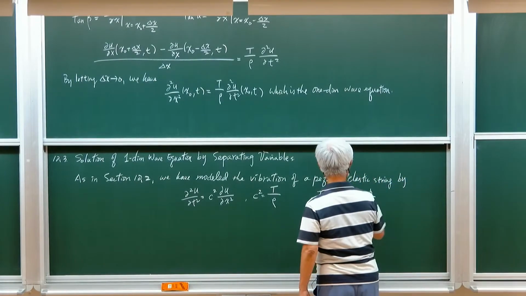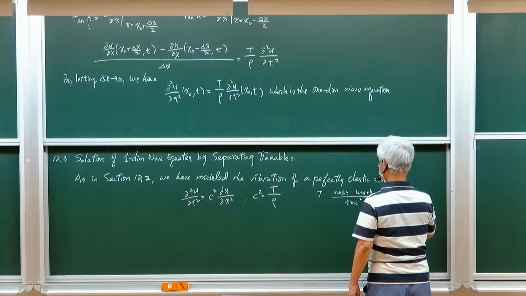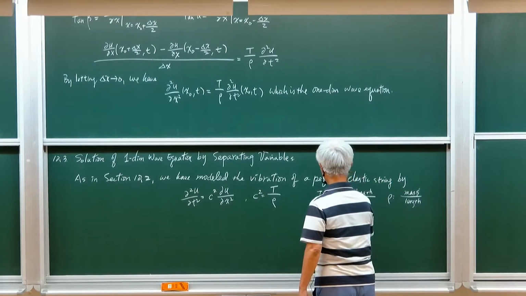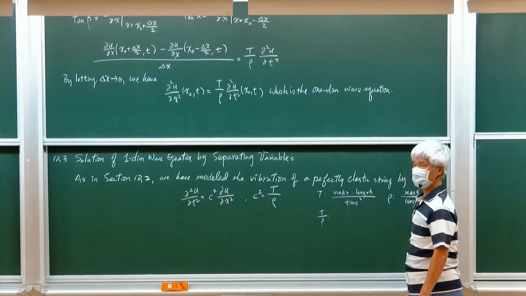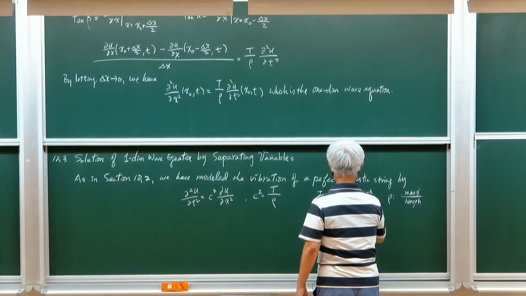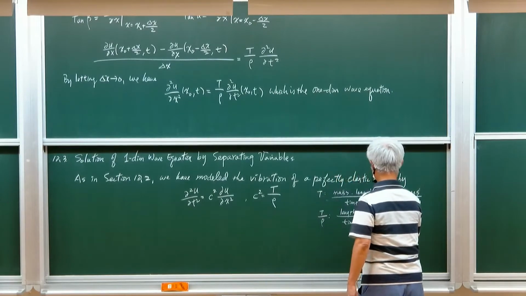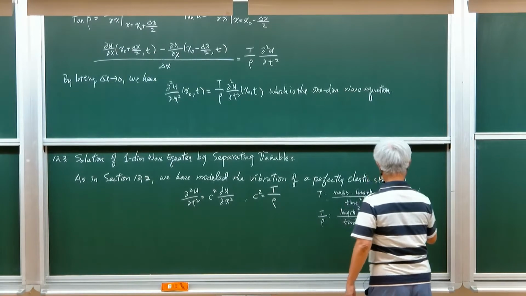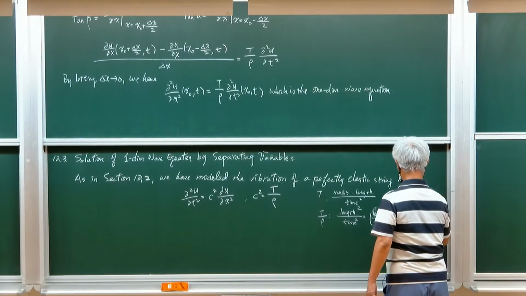And rho is the mass divided by length. So T divided by rho has a unit equal to length square divided by time square, so it's length divided by time, take square, so it's the square of the speed.